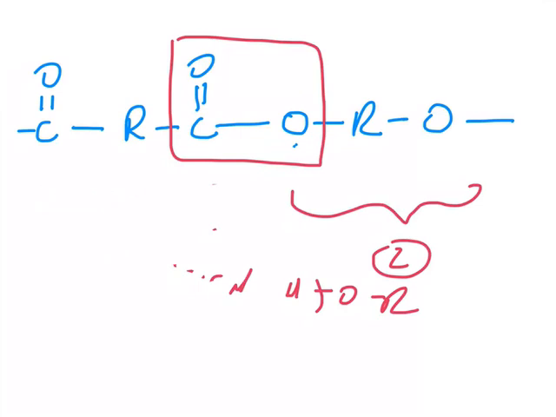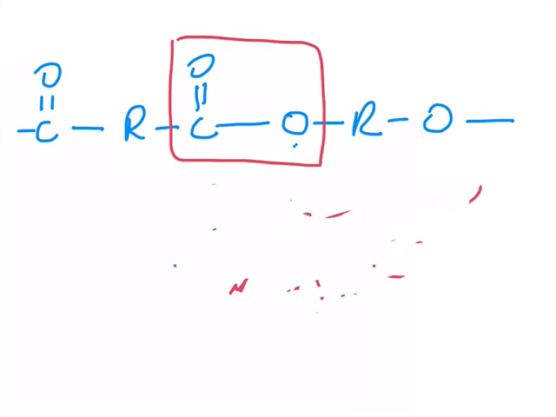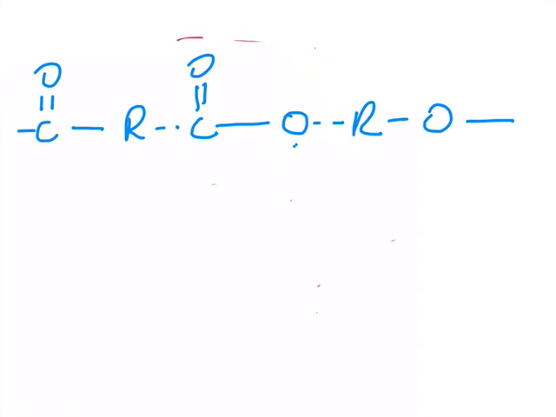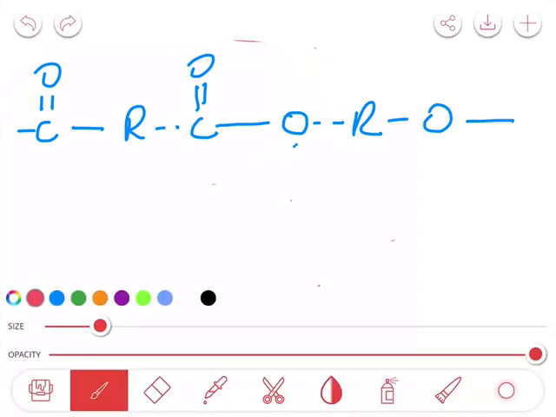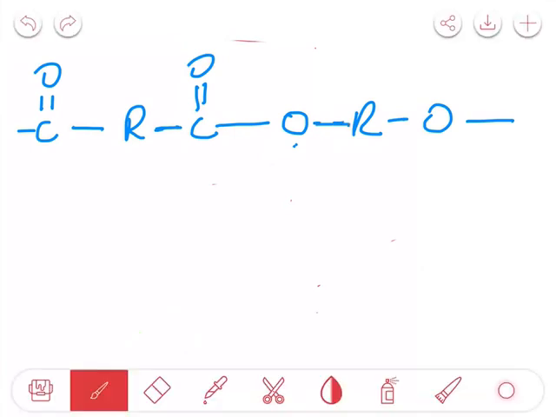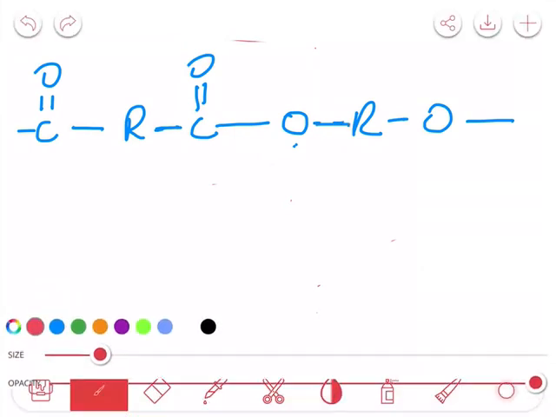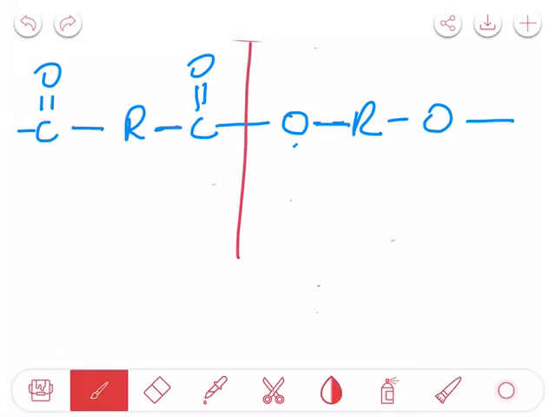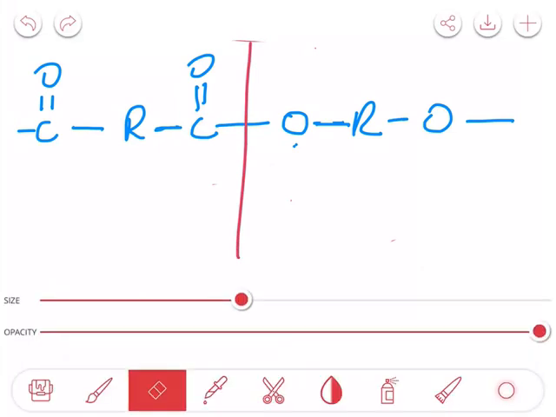Well, hydrolysis is basically the reverse of the esterification reaction, which basically means we're putting water back in. So if we're going to put water back into this, we are going to, as always, cut it at this point here.